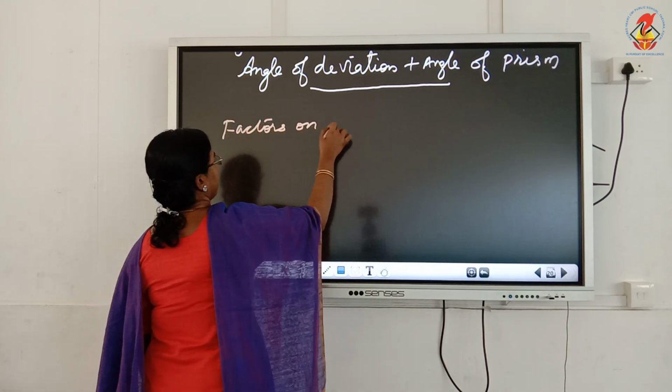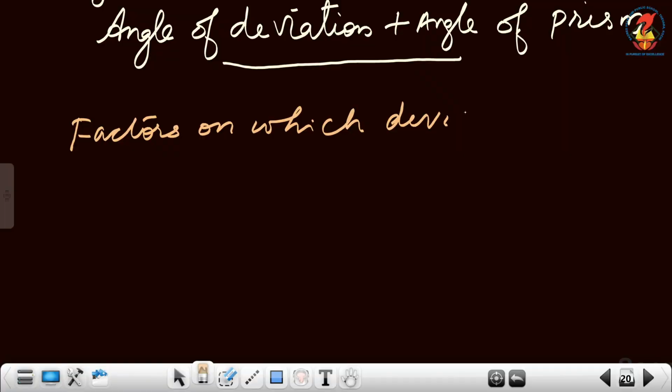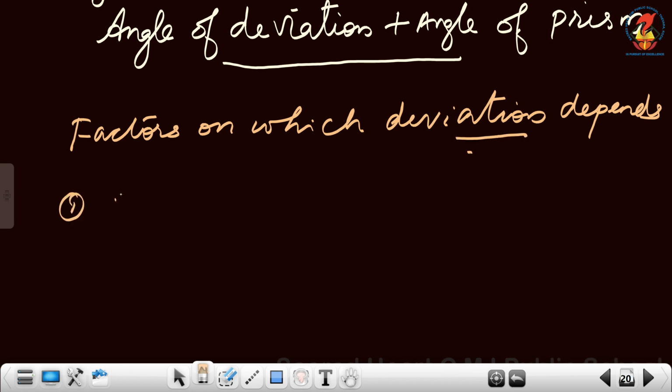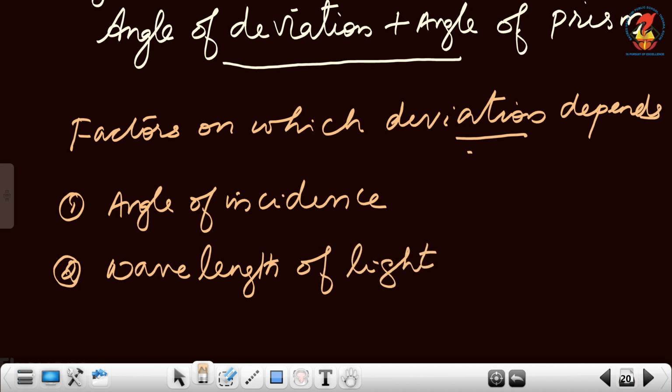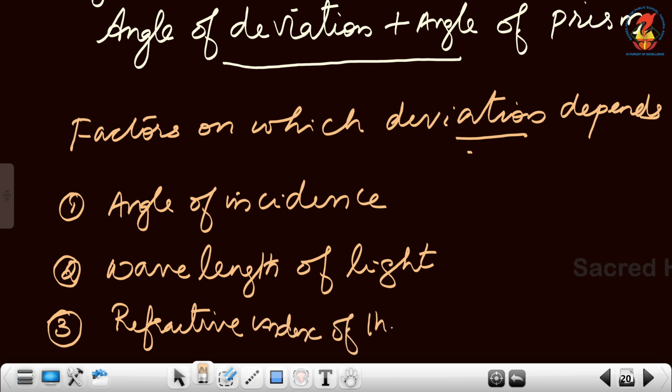It depends on, first, the angle of incidence; second, the wavelength of light; third, the refractive index of the medium.